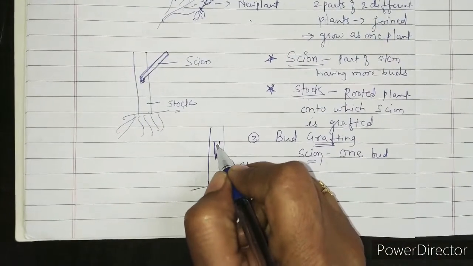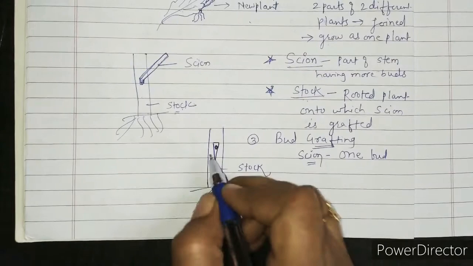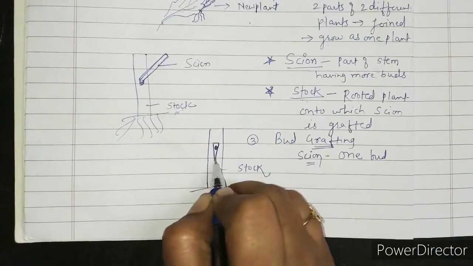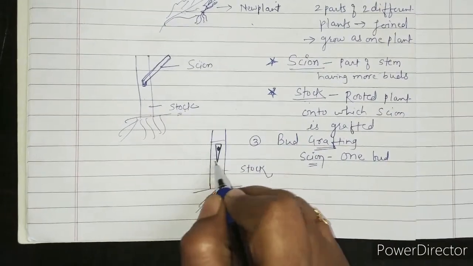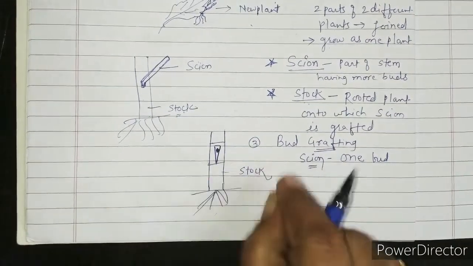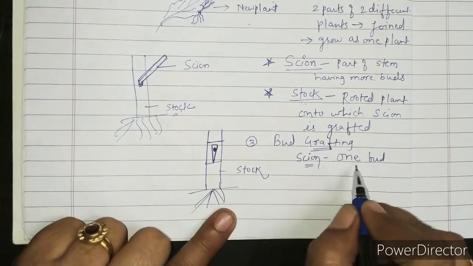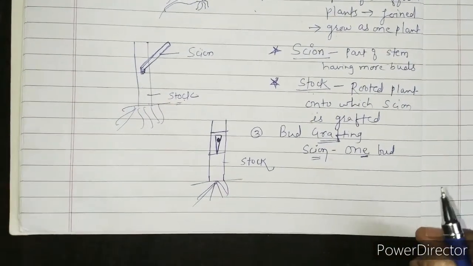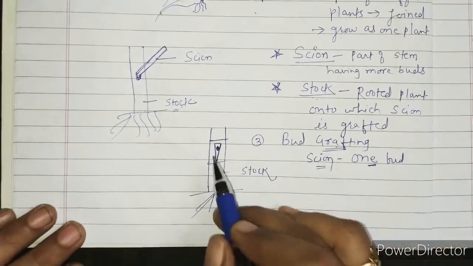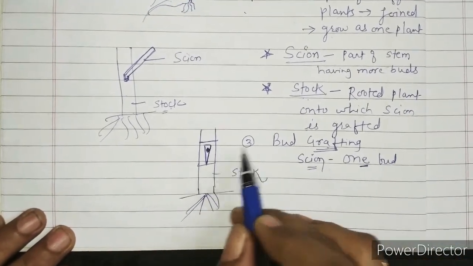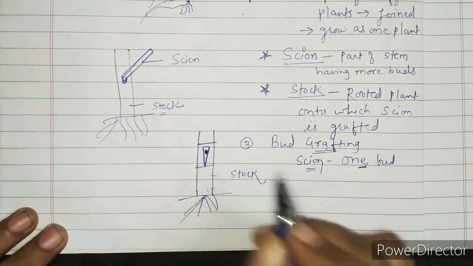That bud is inserted and grafted into the incision. This is the incision, and the bud is grafted here, and later on this area is covered. Such type of grafting in which only one bud is inserted is called bud grafting. Here also the new plant develops by the combination of the stalk and scion.